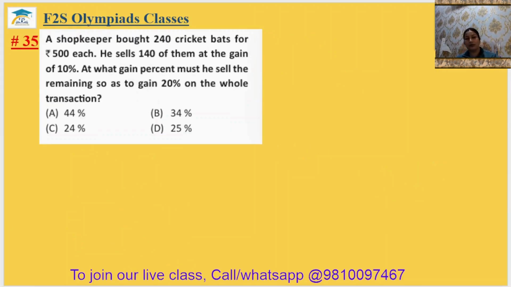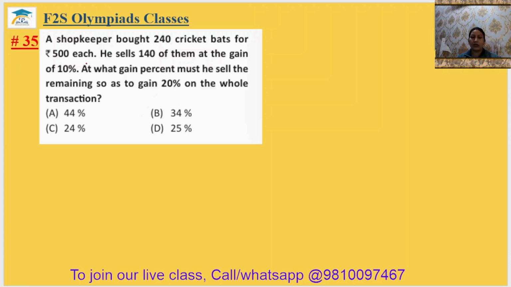Question number 35. A shopkeeper bought 240 cricket bats for rupees 500 each. He sells 140 of them at a gain of 10%. At what gain percent must he sell the remaining so as to gain 20% on the whole transaction?